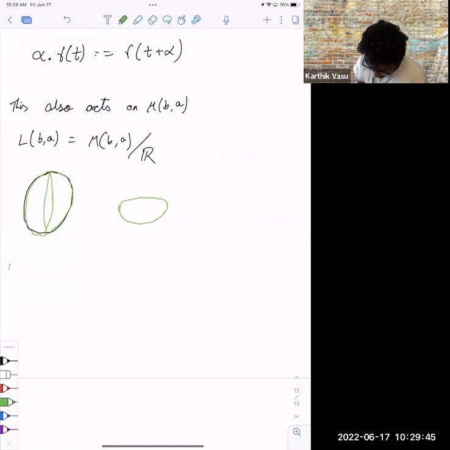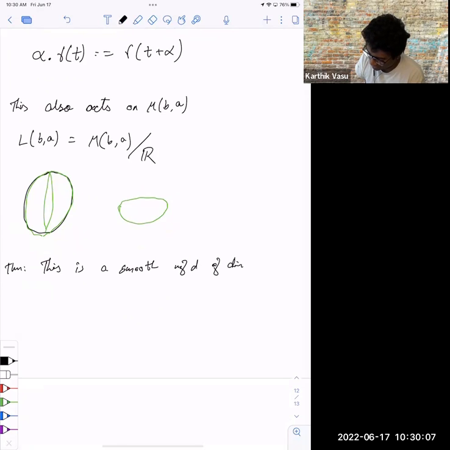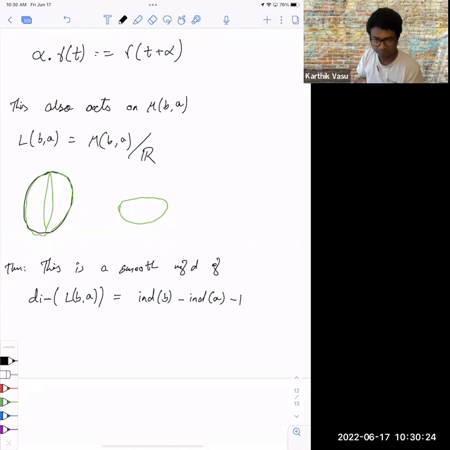And again, there's a theorem saying this happened to be a smooth manifold, which is always the case, saying this is a smooth manifold of dimension index of B minus index of A minus 1.